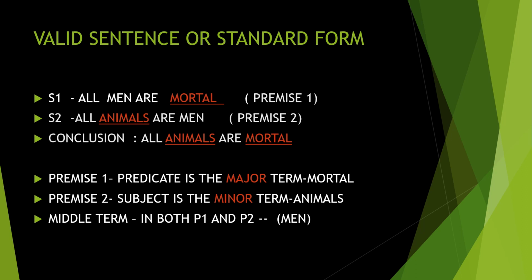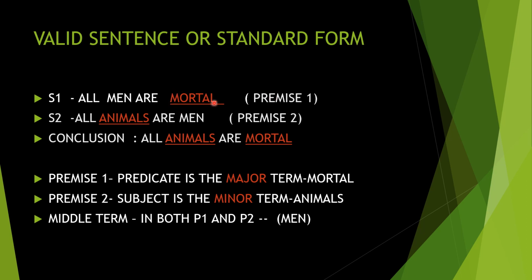So we want to find whether this argument is in standard form or valid form. How can we find it? Look at this. All men are mortal. Here mortal is the predicate in premise 1.